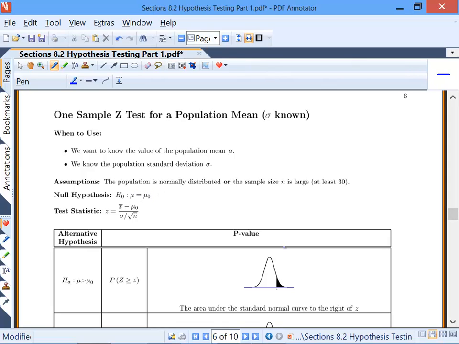So this could be like, we think that the population mean is 3, or we think that our population mean is 250, etc. Our test statistic: remember, our estimate of the population mean will be our sample mean. So it's x bar minus my hypothesized mean. If I think my mean is 3, then I subtract 3. And then we need to divide by the standard deviation of x bar, which is sigma over the square root of n.